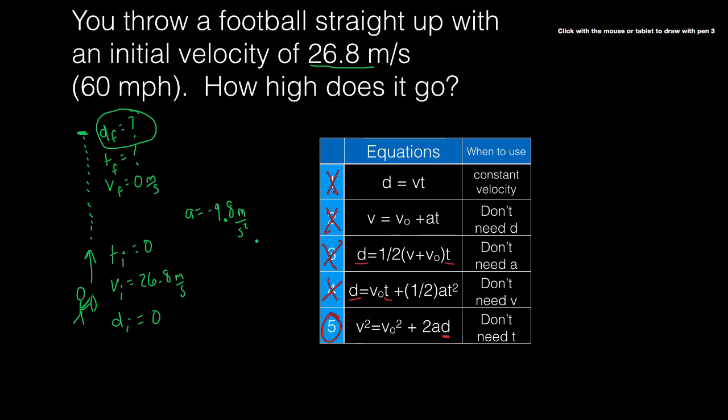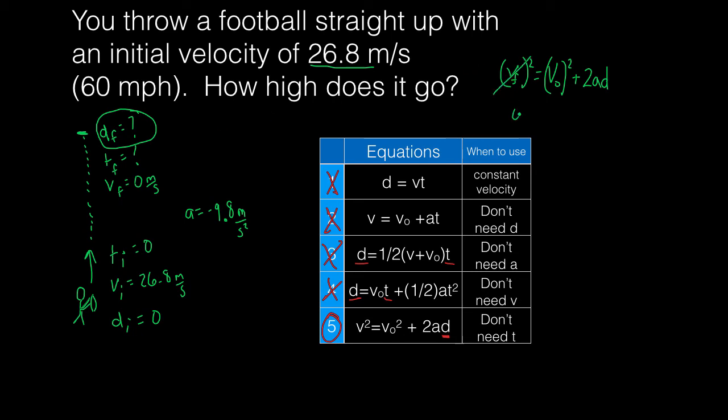Okay, so velocity final squared is equal to velocity initial squared plus 2 times acceleration times displacement. So our velocity final at its highest point, remember our velocity is going to be equal to 0.